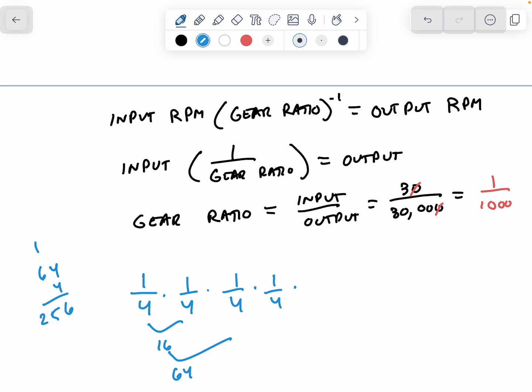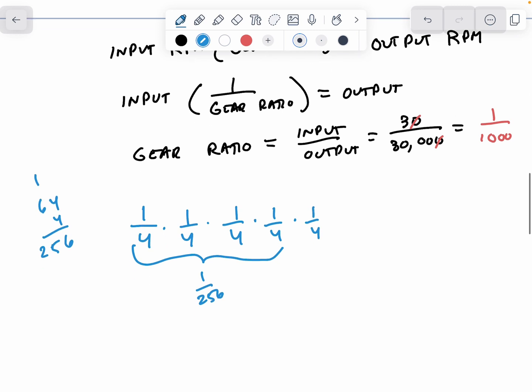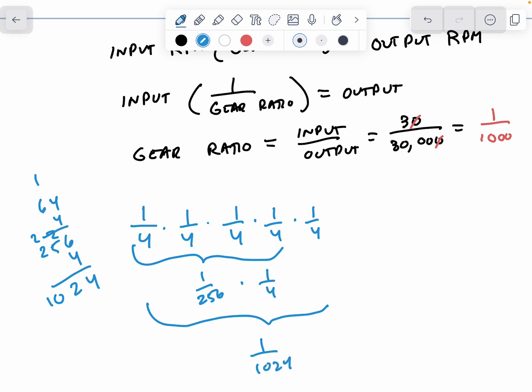So now we're at 1 to 256. If I multiply it by another 1 over 4, 256 times 4 is 1,024. So that gives us 1 over 1,024, which is pretty close to what we wanted.